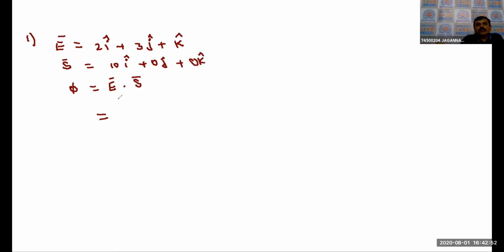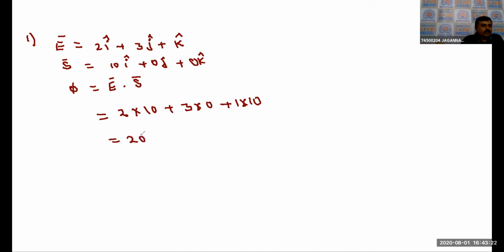So the dot product of the electric field and surface area is 2 into 10 plus 3 into 0 plus 1 into 0, which is equal to 20.